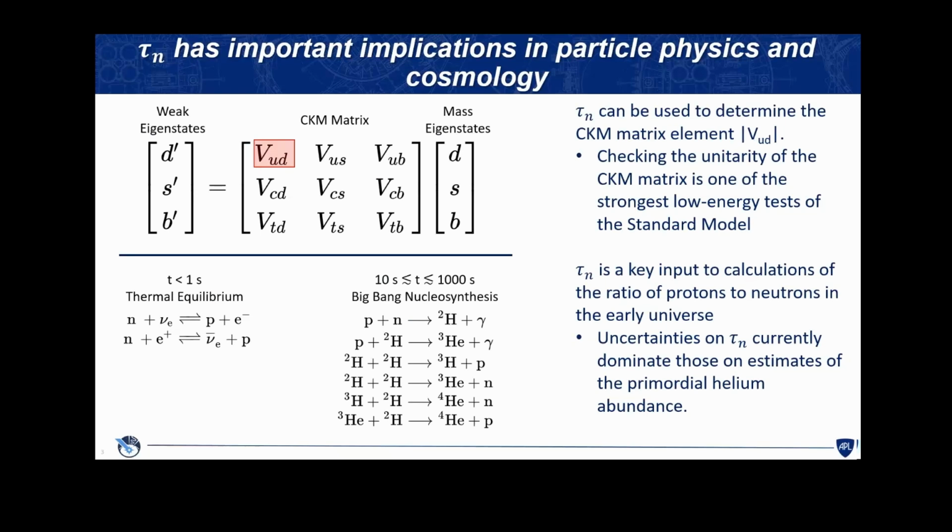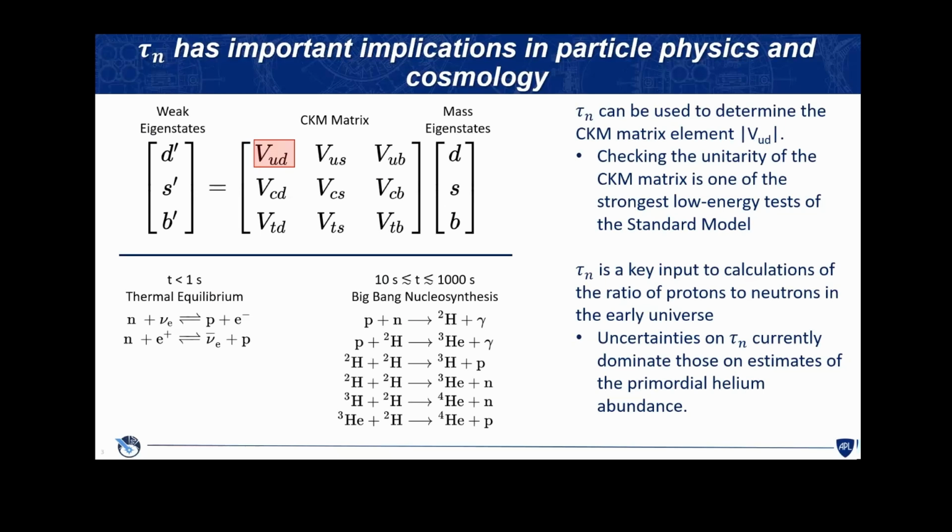And checking the unitarity of the CKM matrix is one of the strongest constraints we have on the completeness of the standard model. So if there are only 3 generations of matter, then the CKM matrix must be unitary. But if there are more generations that we haven't yet discovered, then the CKM matrix wouldn't be unitary.